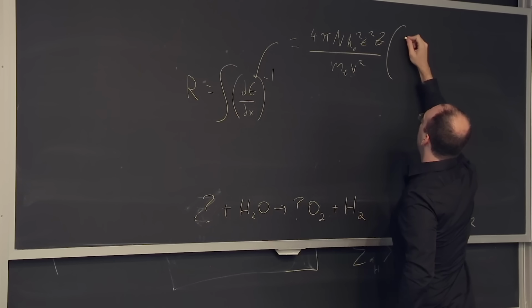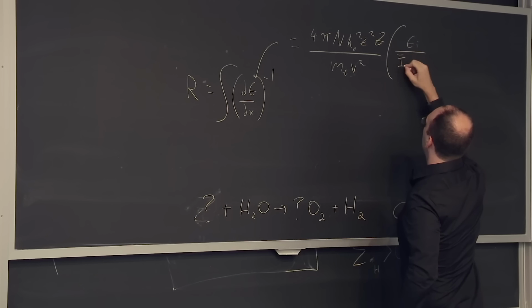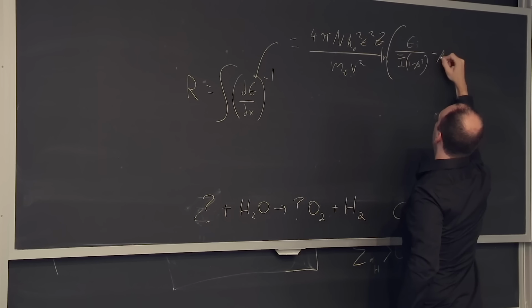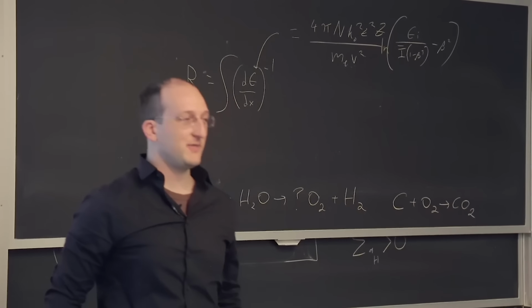Let's see, what did that come out as? Log minus beta squared. That simple little formula, which I'm not going to expect you guys to memorize, so don't worry about it.